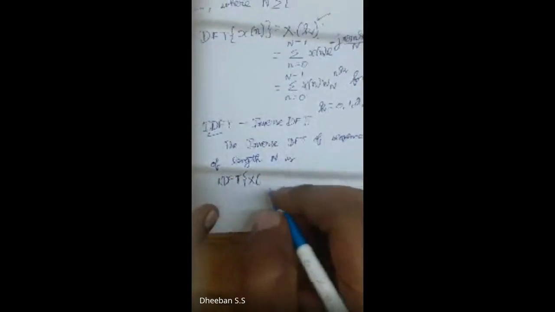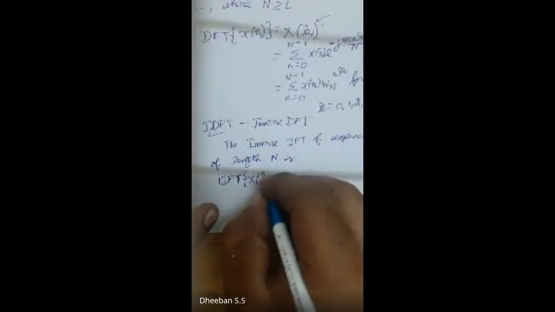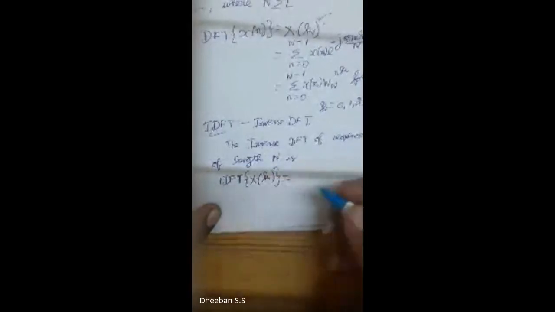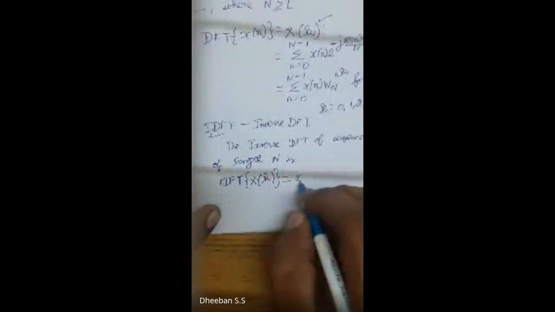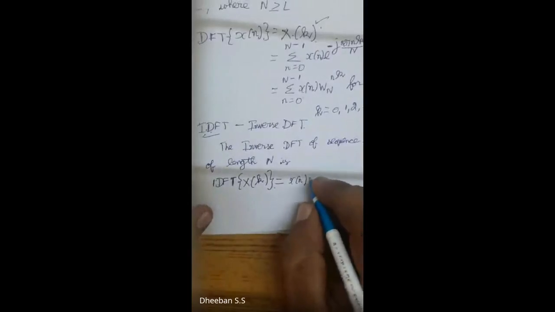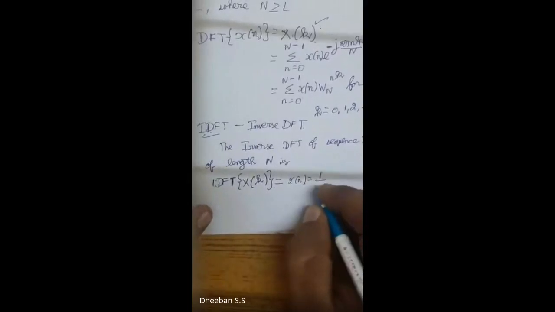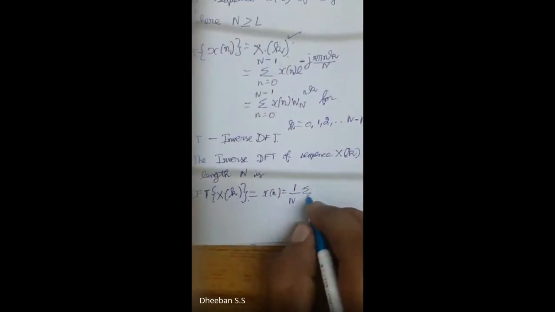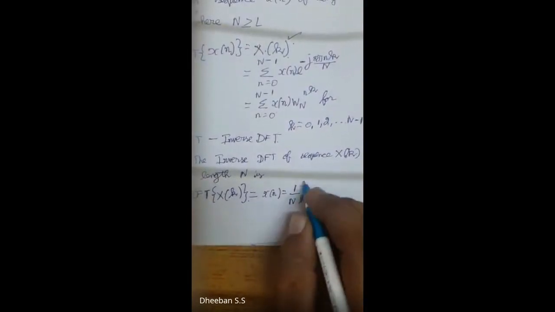Similar to the inverse Z transform and inverse Laplace transform, x of n is equal to 1 by N summation k equal to 0 to N minus 1.